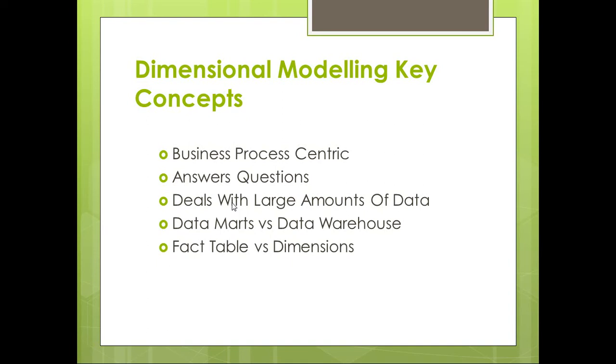Fact tables are the physical database implementation of a business process. So one fact table corresponds to a business process. What is a business process? A business process is basically anything that occurs in your business.